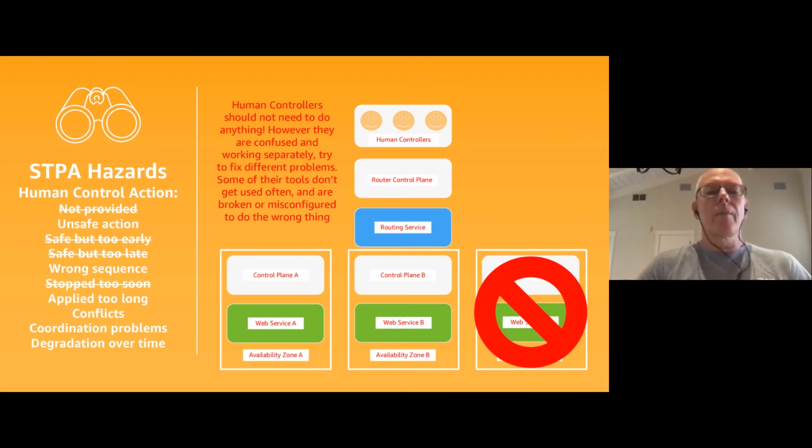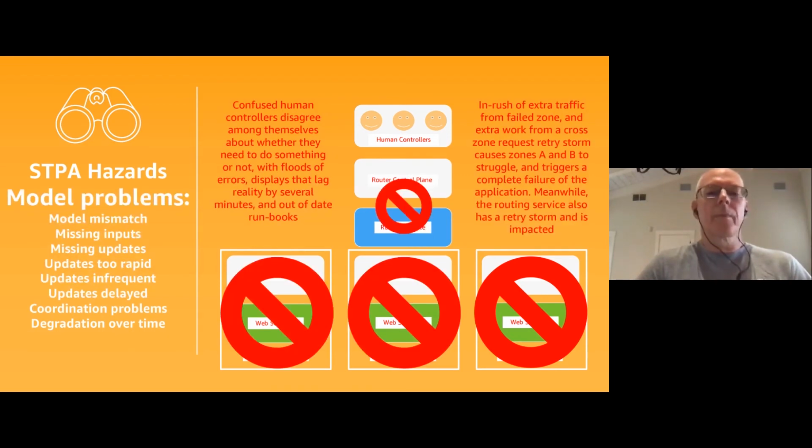Then there's the human control action. They shouldn't really need to do anything, but they're confused, they're working separately, they try to solve different problems, their tools are broken or misconfigured, all kinds of things.